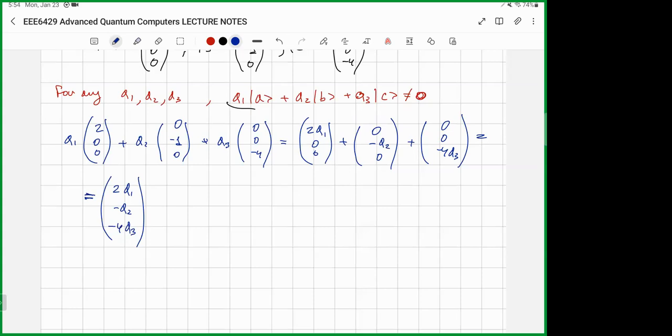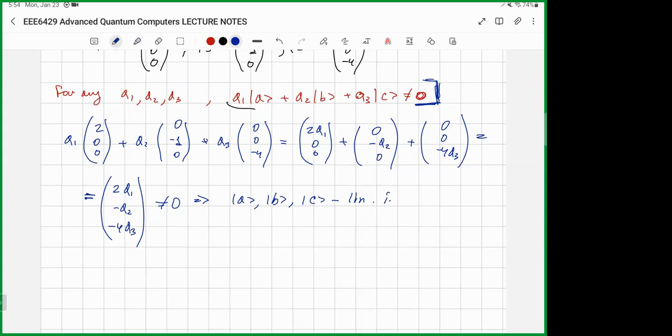So from here we conclude that for any a1, a2, and a3 that's not equal to 0, because this expression here must be valid for any constants a1, a2, and a3, this is not equal to 0. Hence, the vectors a, b, and c are linearly independent.